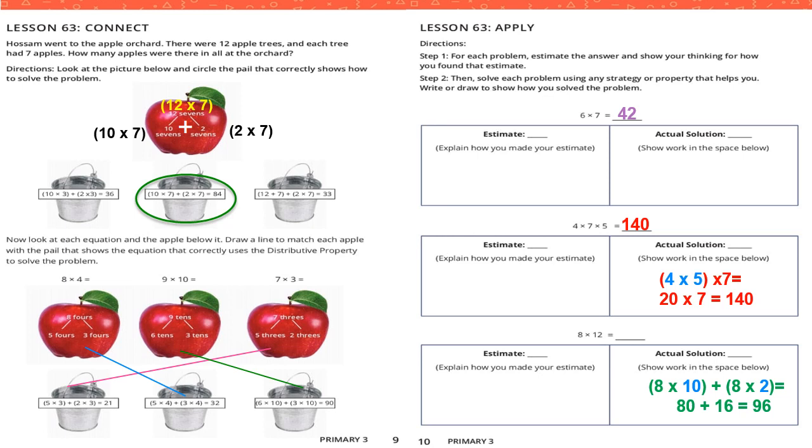So all of them equal. I will add ones with ones and tens with tens. 6 plus 0, 6. 1 plus 8, 9. You can also split this 12 into any different numbers. Maybe 6 plus 6, maybe 7 plus 5, as you want.